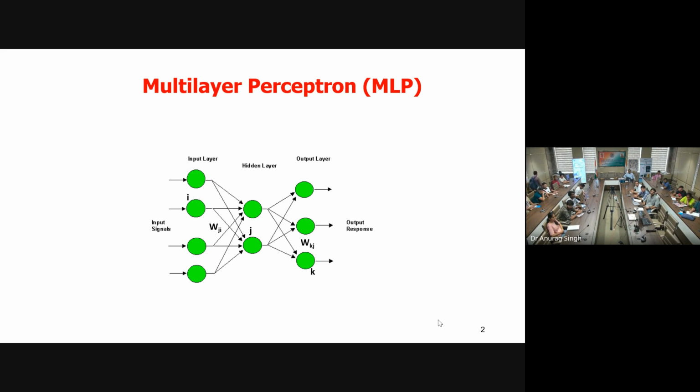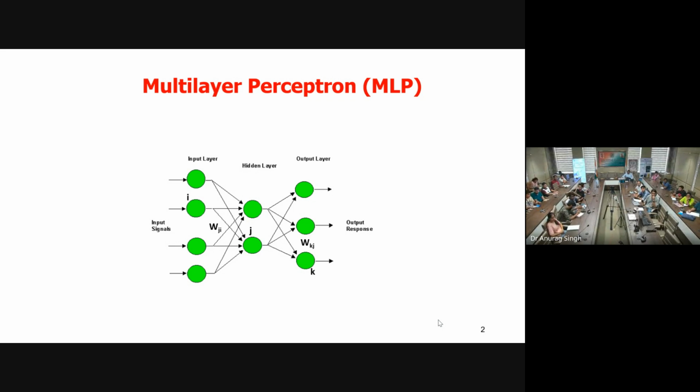So let's say you follow such a representation. Initially you are given training samples, and you don't know what these weights are. So you start with random weights and then pass the sample. Let's say the input is x1, x2, x3, up to xd.